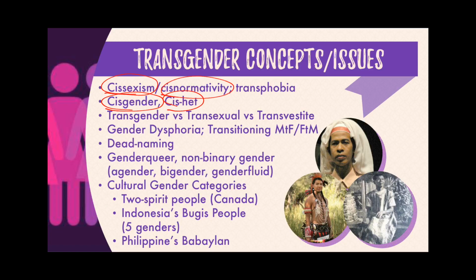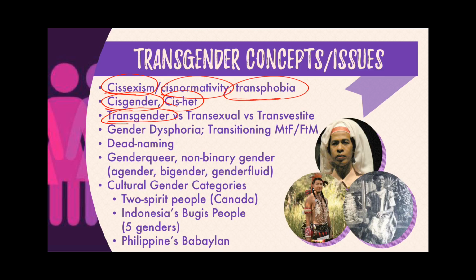And the actual actions or beliefs that trans people are not acceptable in society or are abnormal is called transphobia. And therefore, we go to the term that we have to define, and that's transgender.